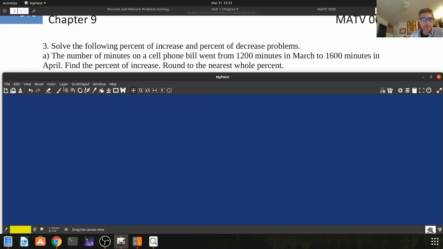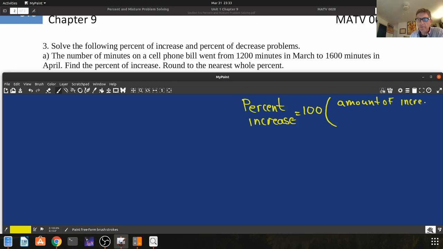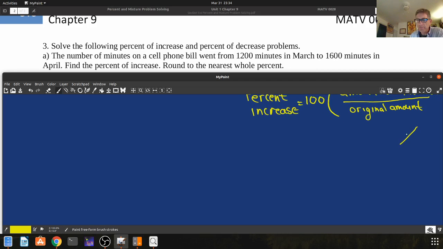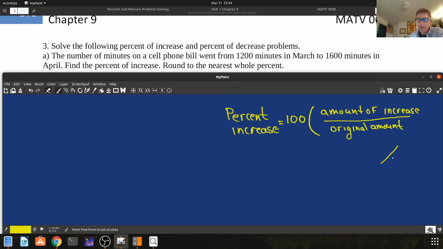So percent increase, the end result is actually going to be a percent, is equal to 100 times the amount of increase divided by the original amount. That's just the formula.